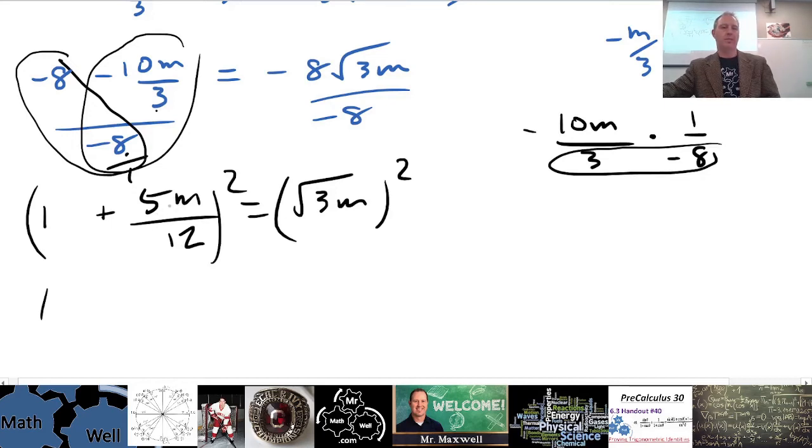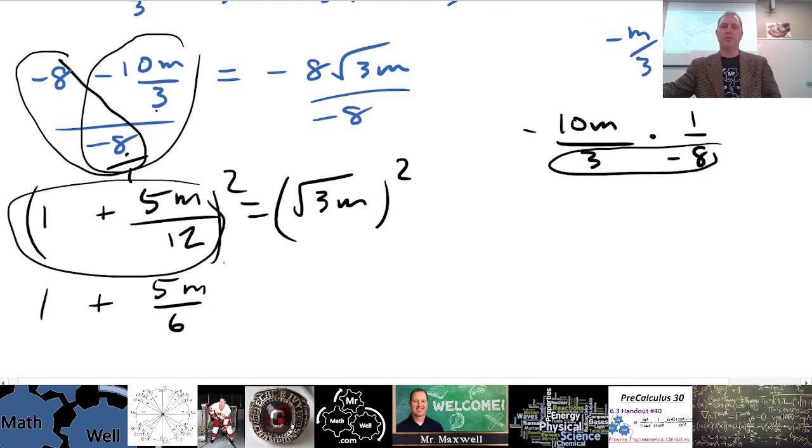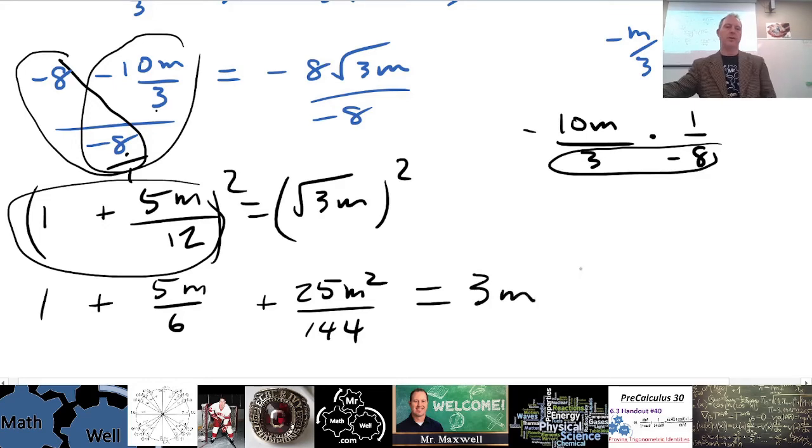Or plus 5m over 6 when you add two of these. And again, I'm just shaving off some steps here for time's sake. And then we've got plus, and when we square this, it's going to be 25m squared over 144. And then 3m over here.